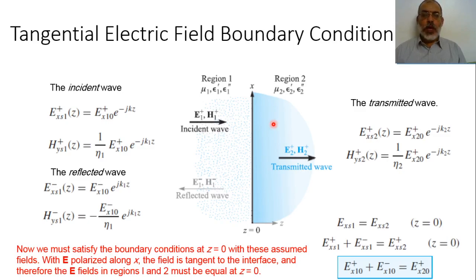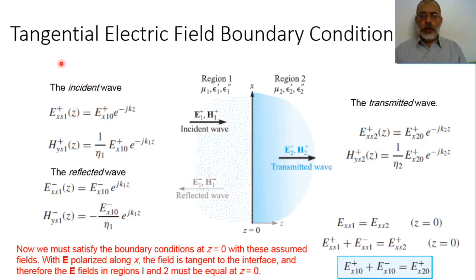We have a boundary condition for the tangential electric field and another for the tangential magnetic field. Each boundary condition will introduce an equation. So with these two equations in the two unknowns, Ex10 minus and Ex20 plus, we can obtain the solution.